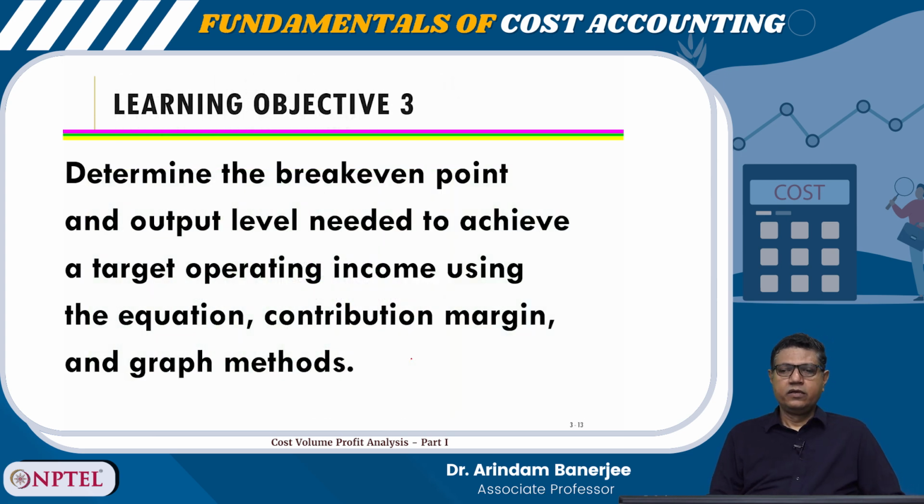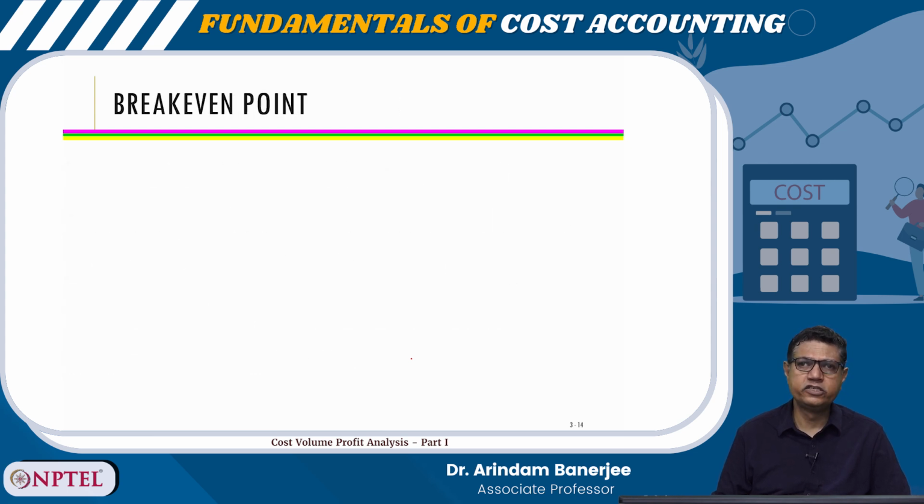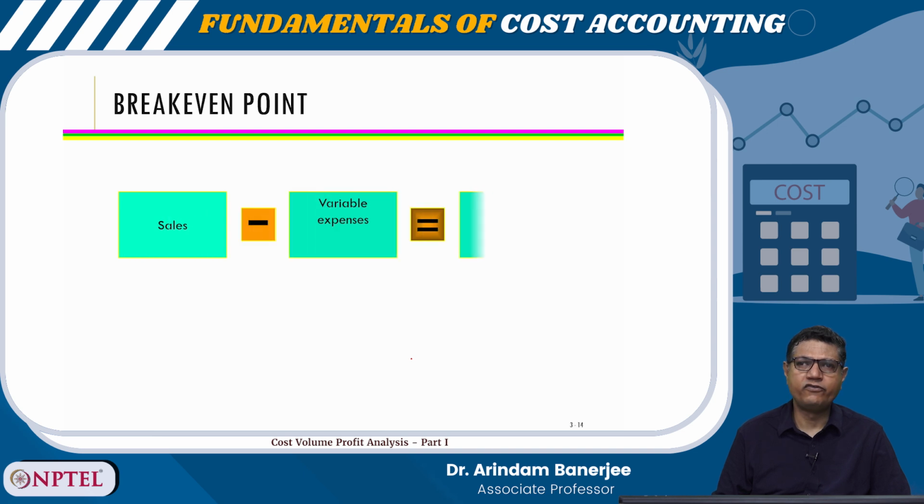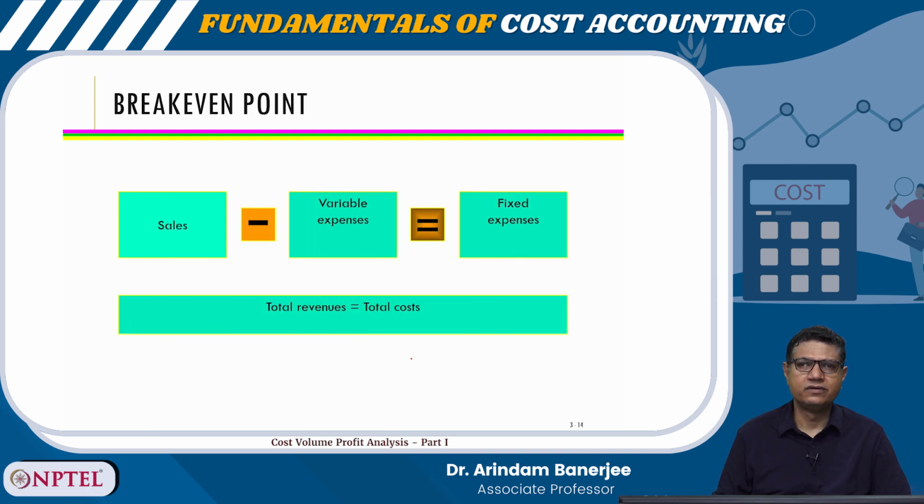Okay. So, now learning objective 3: determine the break-even point and output level needed to achieve a target operating income using the equation, contribution and graph method. We can write this relationship in the form of an equation, right.